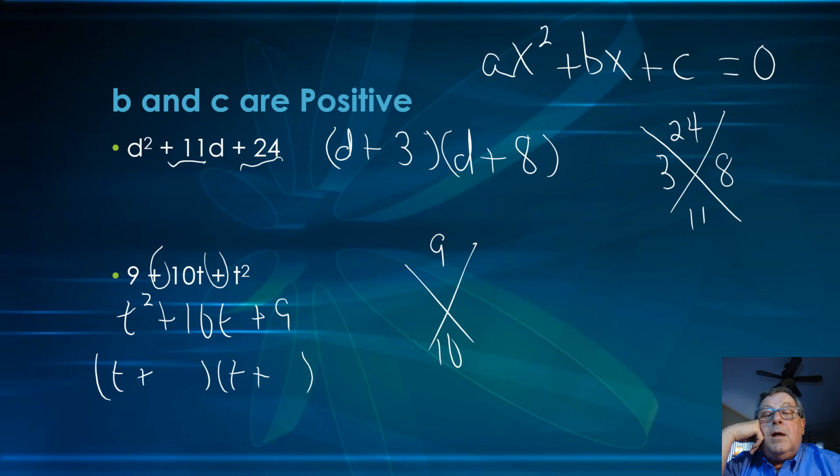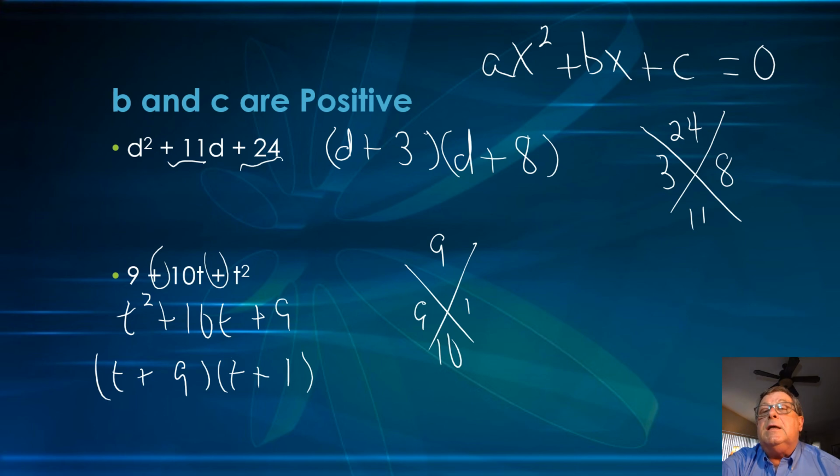And let's see, 9 times 1 is 9. 9 plus 1 is 10. And so my two factors then are 9 and 1. And we're just going to put it in here on the right side of the parentheses. T plus 9 times t plus 1 are factors of the quadratic expression t squared plus 10t plus 9.